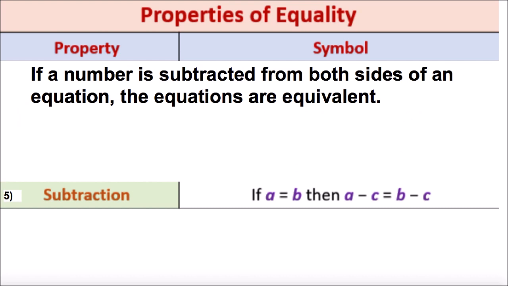Next, we have the subtraction property, which is quite similar. If a number is subtracted from both sides of an equation, the equations are equivalent. If A equals B, then A minus C equals B minus C.